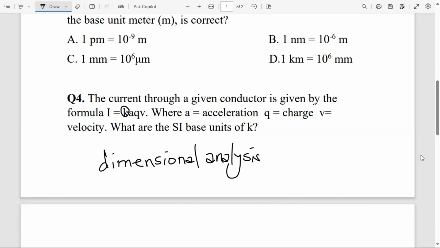So K is equal to A multiplied by S to the power 3 over M squared multiplied by C. We can simplify this equation further. So these are going to be our base units for K, hence shown. So this is the end of this question.